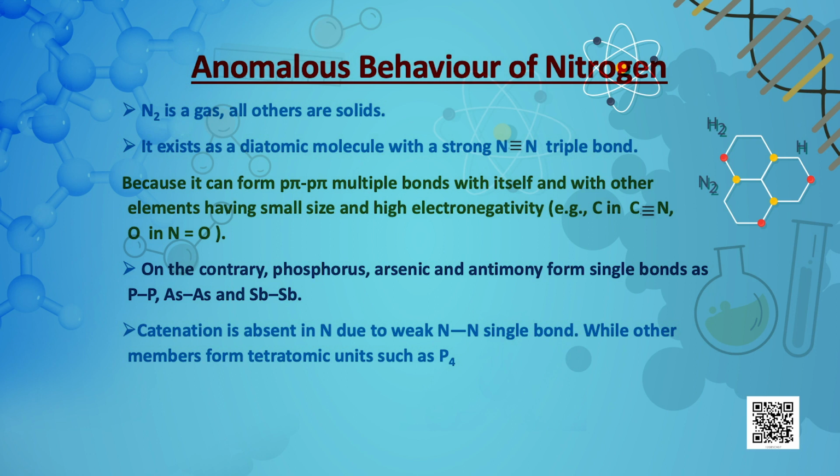Nitrogen has a unique ability to form p-pi multiple bonds with itself and with other elements having small size and high electronegativity such as carbon and oxygen. Heavier elements do not form p-pi bonds as their atomic orbitals are so large and diffused that they cannot have effective overlapping. Thus, nitrogen exists as a diatomic molecule with a triple bond between the two atoms.